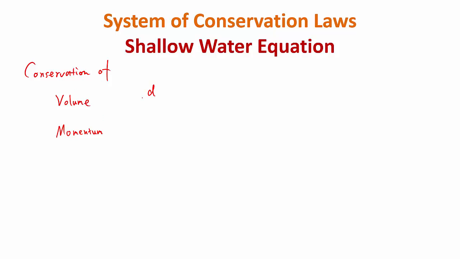So the control volume, so the conservation of volume is d dt integrated over the area of the volume, which is the height of the water times dv. Basically, it's the integral of the height times the area, right? The water is high at some places, low at some places.